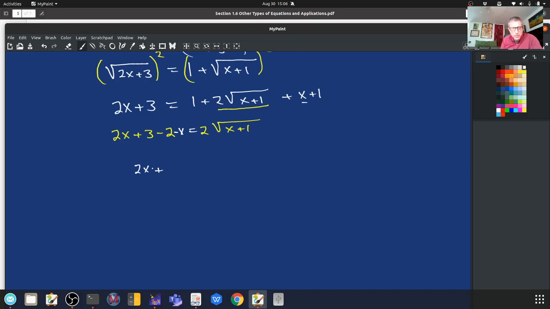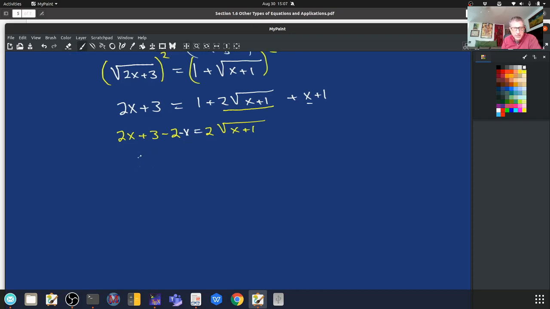So then I have 2x minus x gives me x. Yeah, it would have been impossible if I allowed that mistake not to be seen. So 2x minus x gives me an x, and 3 minus 2 is 1. So x plus 1 is equal to 2 on the square root of x plus 1.